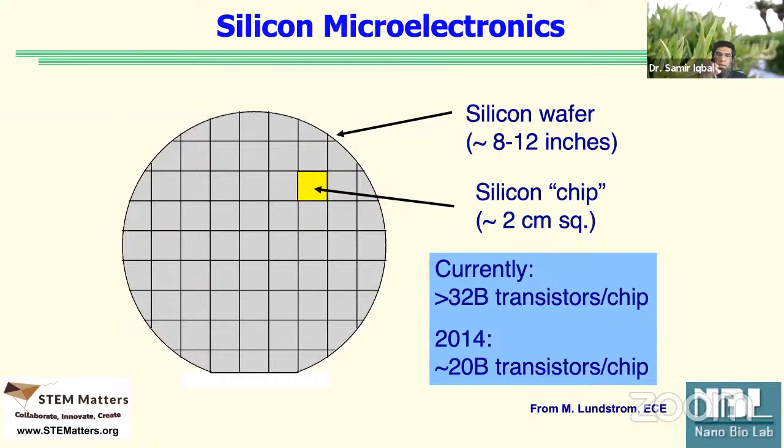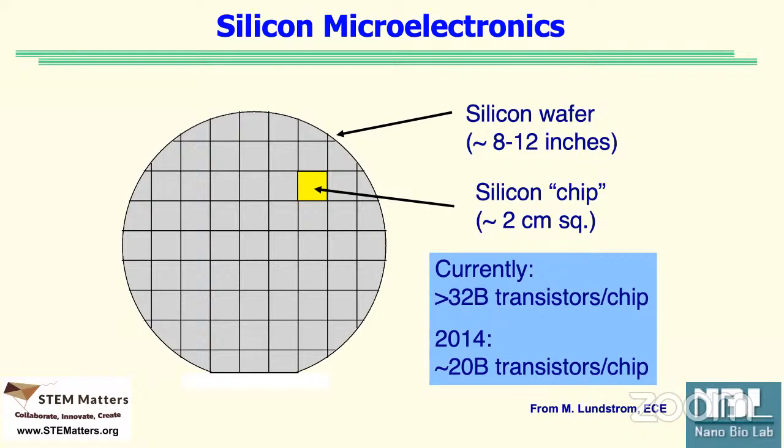On one wafer, when the industry is making one type of chip, they will have different copies of those dies, exact copies. So in one processing step, the same thing would happen on all the dies across the whole wafer, and each die would be identical to the other die.